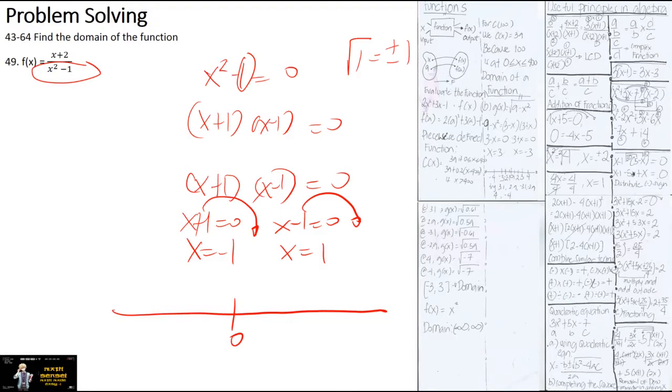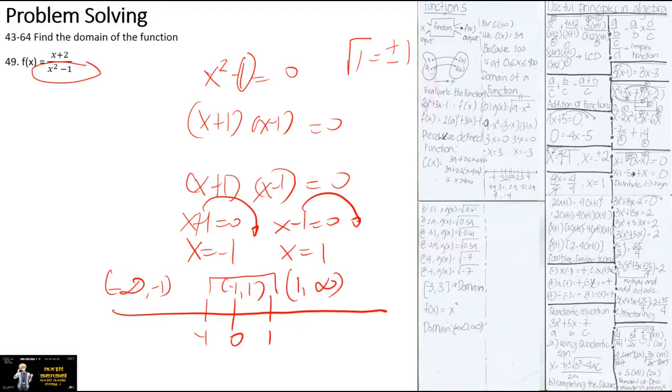So ang gagawin, mula negative 1 pa kanan, that's negative infinity to negative 1. Okay, laging ganun. Ito naman, itong interval na to, so that's negative 1 to 1. Magte-testing tayo sa intervals na yan. Then 1 to positive infinity. Negative 1 pa kanan, sabihin natin negative 1.3. So pag negative 1.3 lumalabas, hindi to 0.